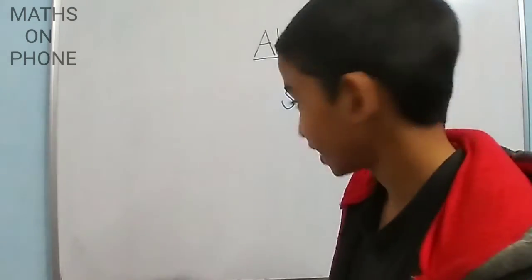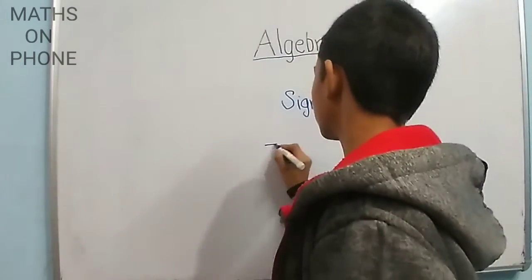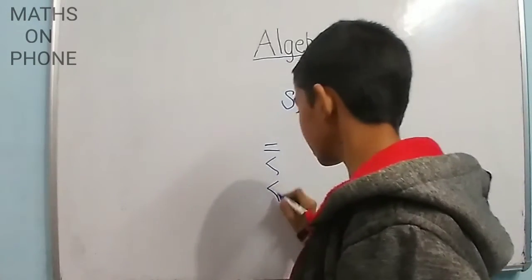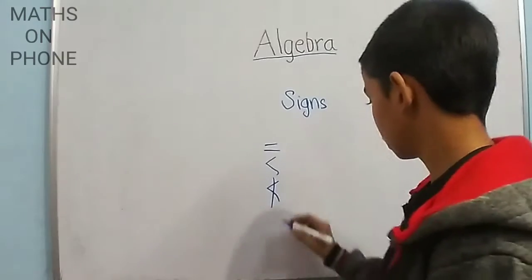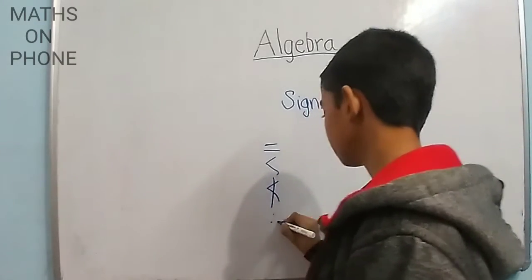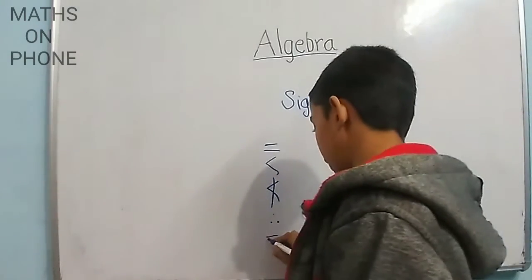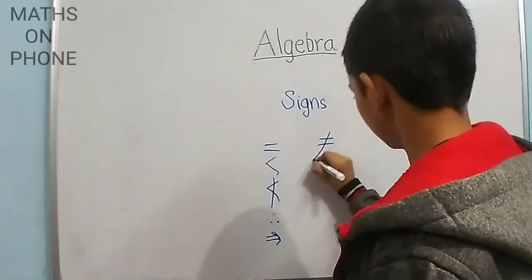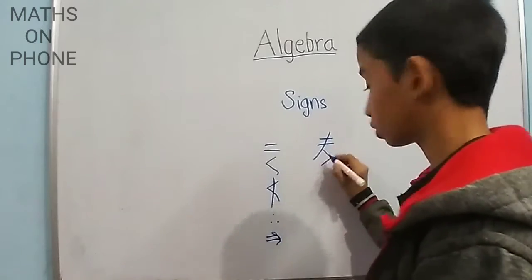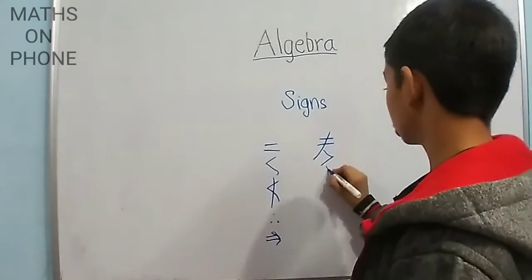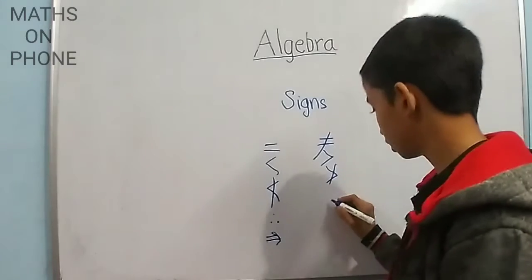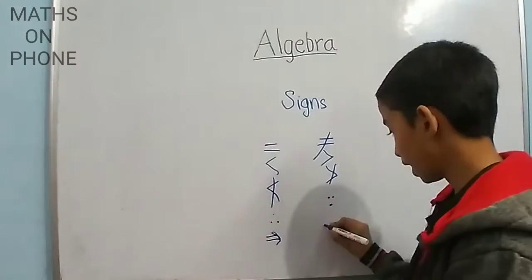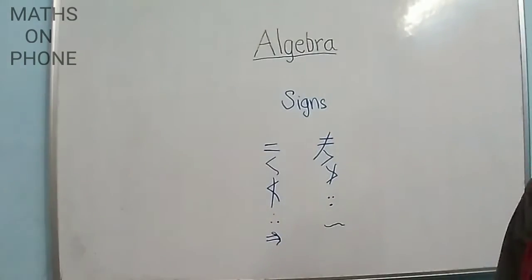While talking about the signs, at first we have the equal to sign, then lesser than sign, not lesser than sign, therefore sign, and implies that sign in the first column here. Not equal to, greater than sign, not greater than, because or since, and difference between.